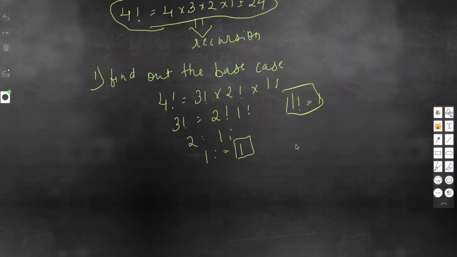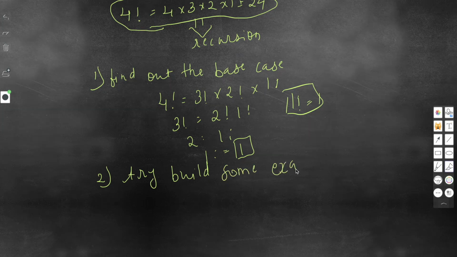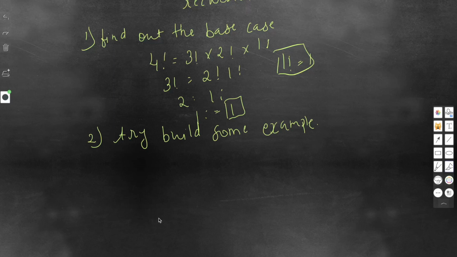Next step is try to build some example. We got the base case. Now we have to build some example and we have to visualize that. Find out the factorial for n is equal to 5.